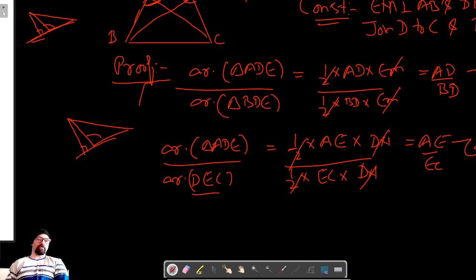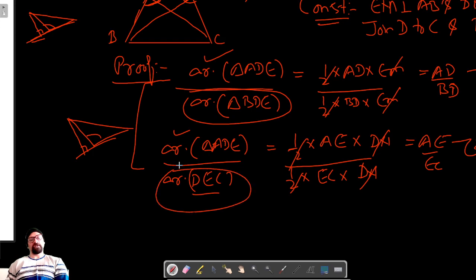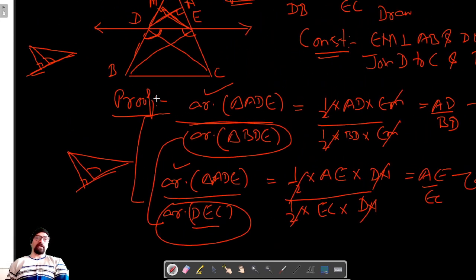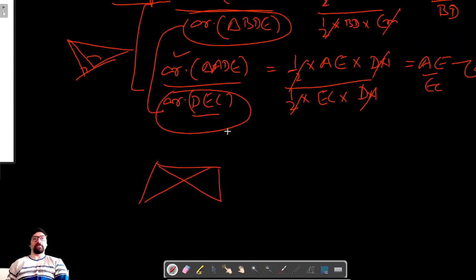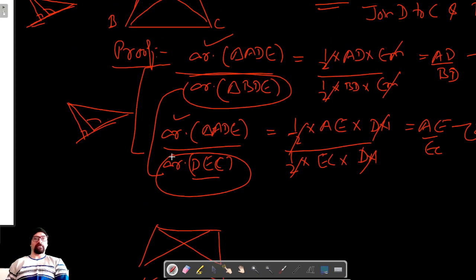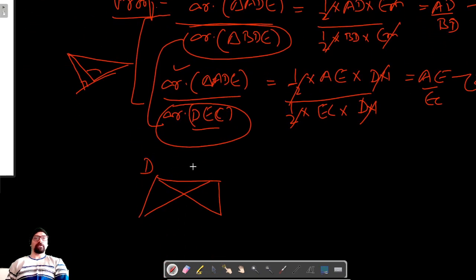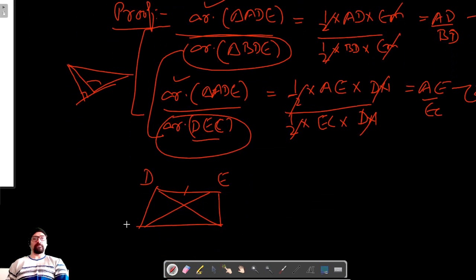So we have almost got the result if these RHS are equal, but here it's area of triangle BDE and area of triangle DEC. These are making the difference, and if we are able to prove that these two are equal, the two sides will be equal, and we'll get our result. Now this is the triangle BDE and this is the other triangle DEC. These are on the same base DE, and DE is parallel to BC.